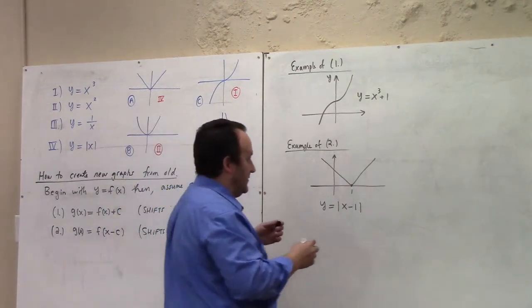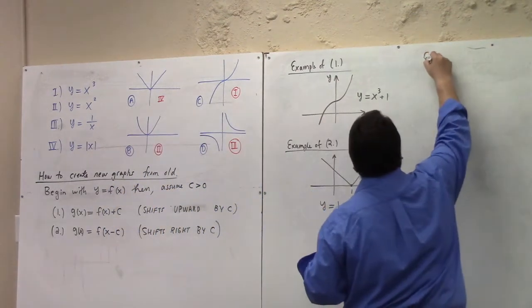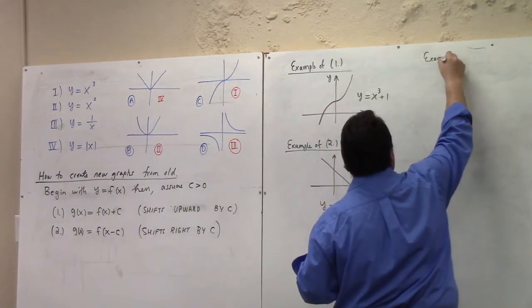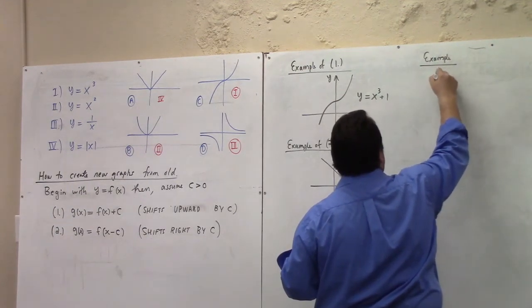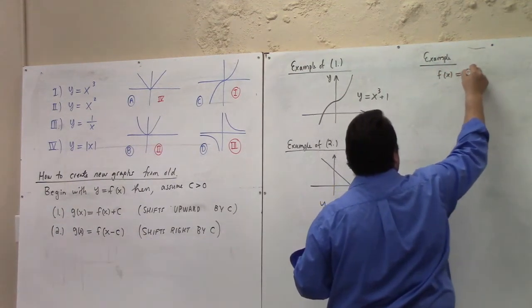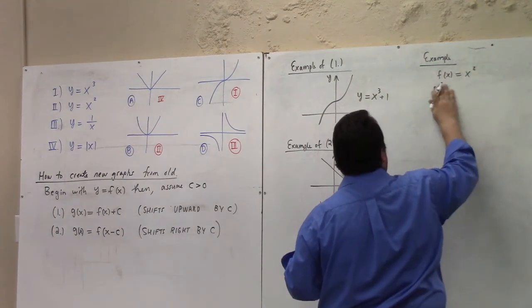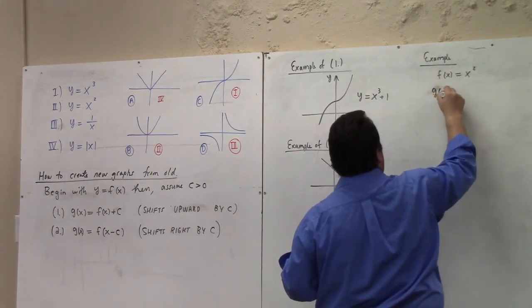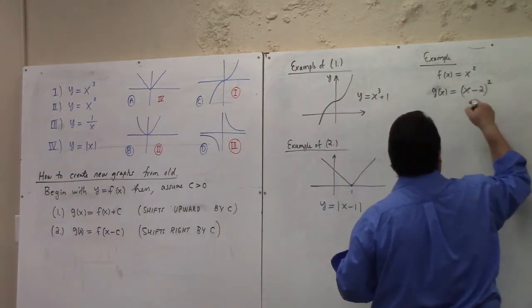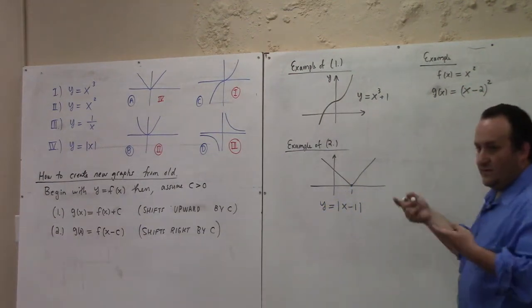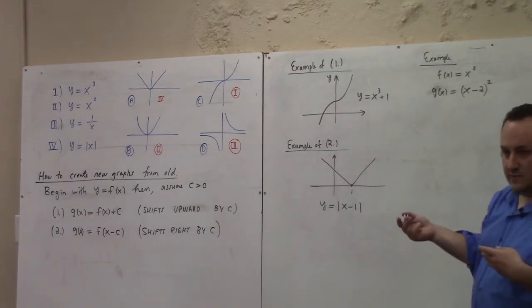So let me give you another example of that, just to try to drive the point home. What I'm saying then is if we take f of x equals x squared, and replace it with g of x equals x minus 2, my claim is that what that does is it shifts the graph right 2 units.